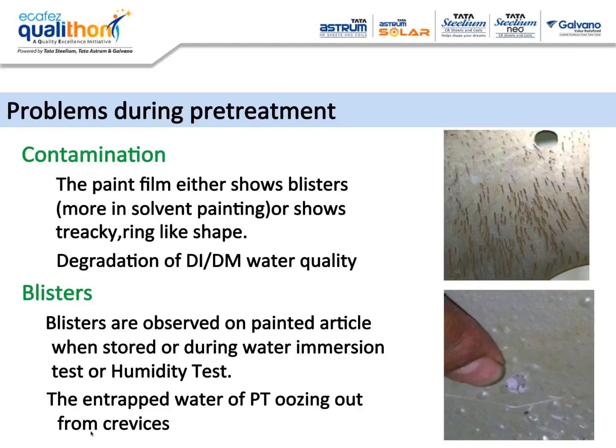Now all the paint films, or even powder coating films, have some kind of permeability to humidity. In the humid days, or after some time of water immersion, these salts will pull the water humidity. They will become damp.